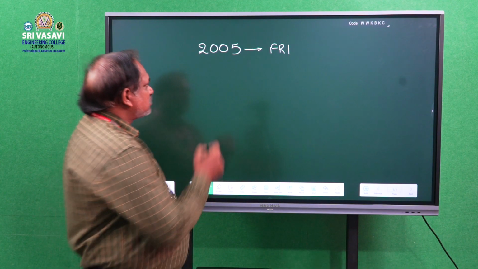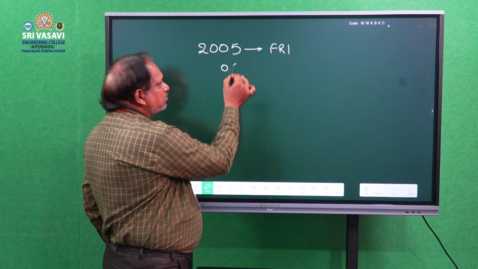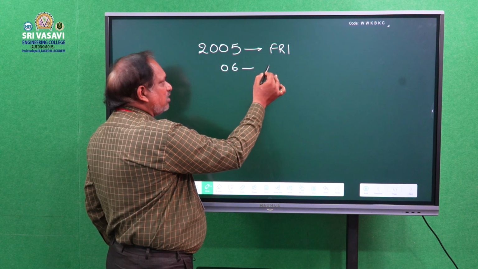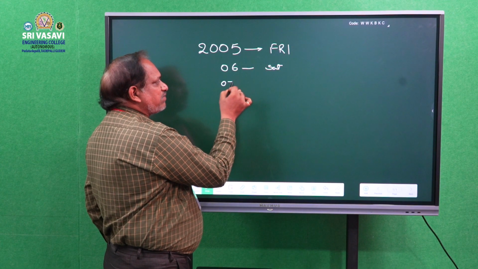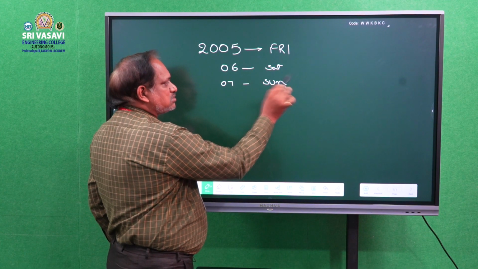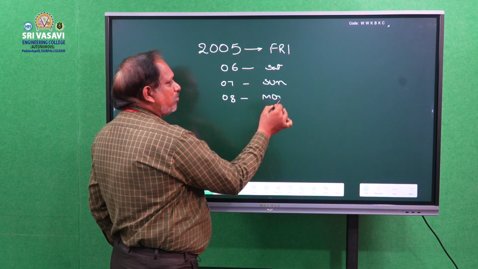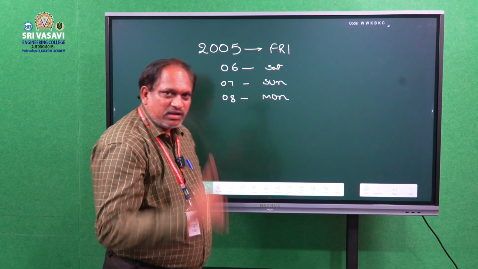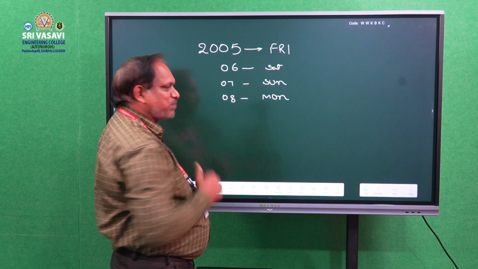So if 2005 is Friday, simply note down 2006, what was the day? This is Saturday. 2007 is Sunday. 2008 is Monday. +1 every year, 1 odd day, therefore we always consider +1.